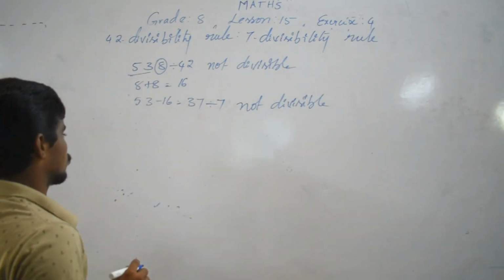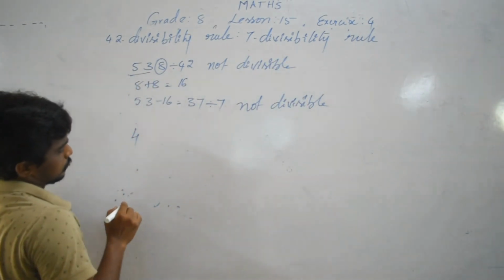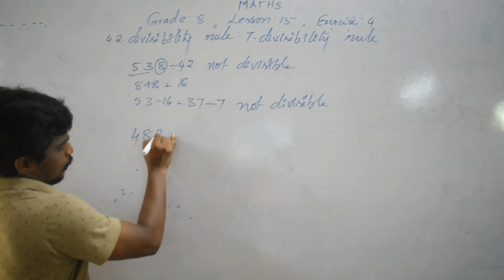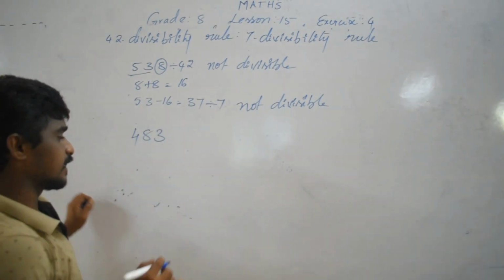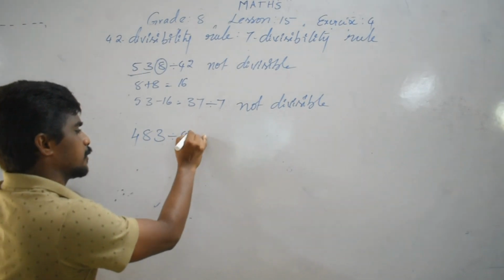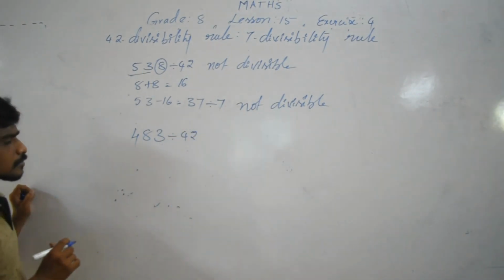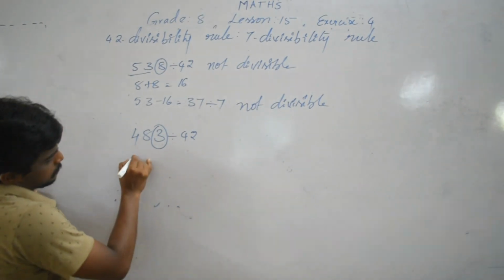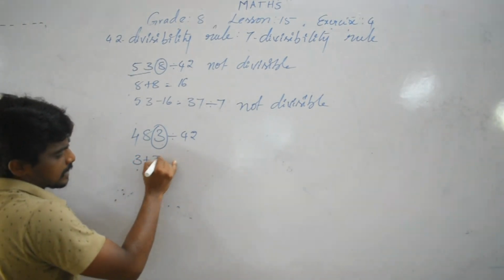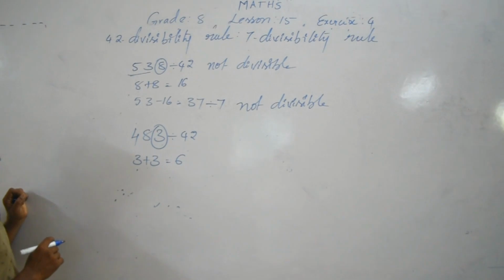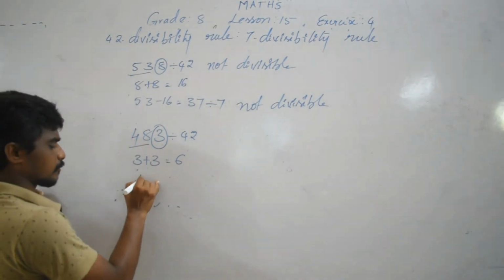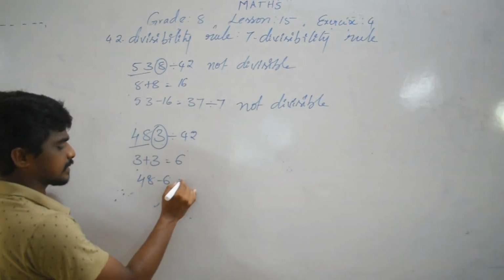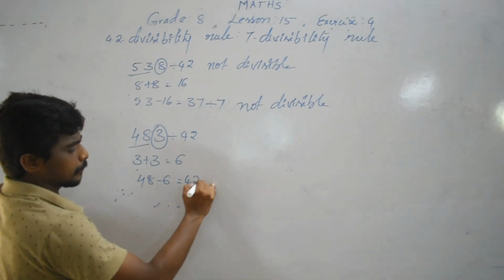Next one, 483 divided by 42. So ones place, two times, twice, 3 plus 3, 6. The rest of the number, 48 minus 6, is 42.